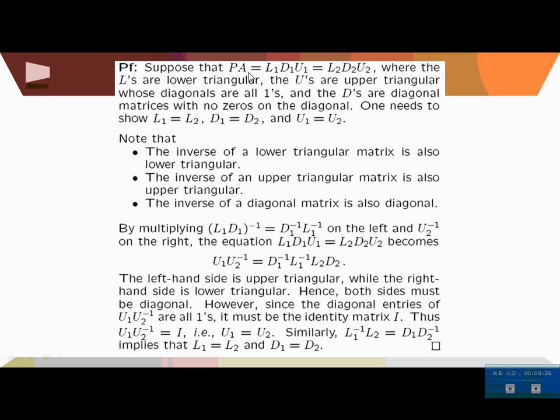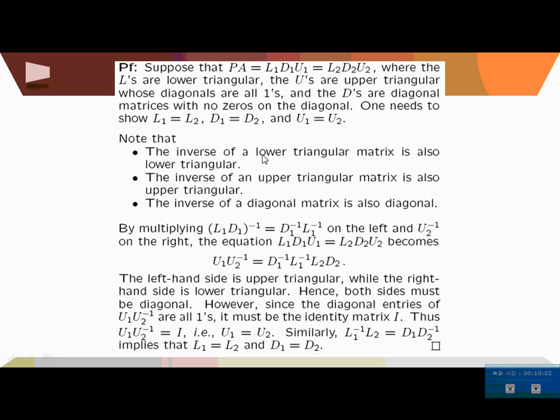Then all we have to do is just show the uniqueness. Suppose there are two LDU factorizations for matrix PA, then we need to show L1 and L2 are the same, D1 and D2 are the same, and U1 and U2 are the same. In order to show this, we note three facts.